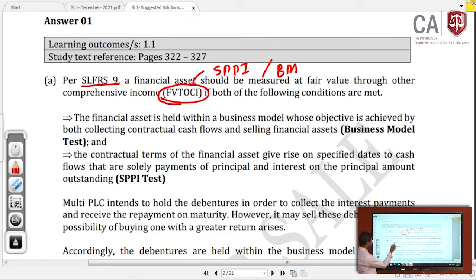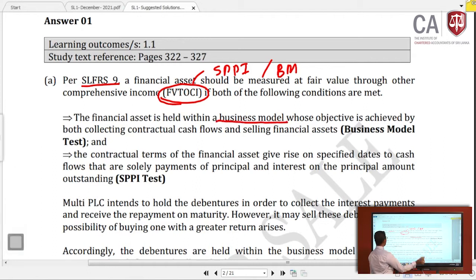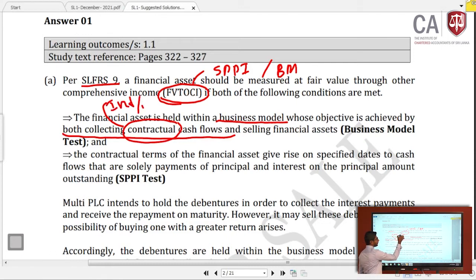The financial asset is held within a business model whose objective is achieved by both collecting contractual cash flows, meaning the interest and the maturity proceeds or principal amount you get after maturity, and selling the financial asset where a better opportunity arises.